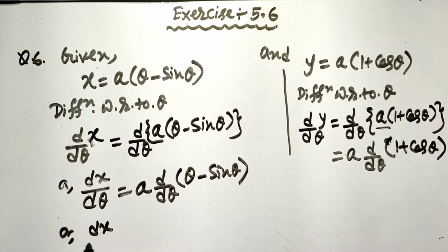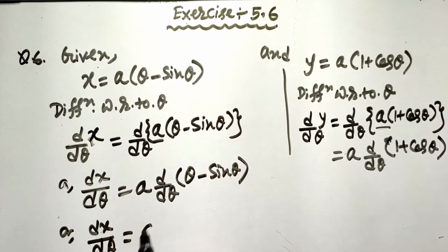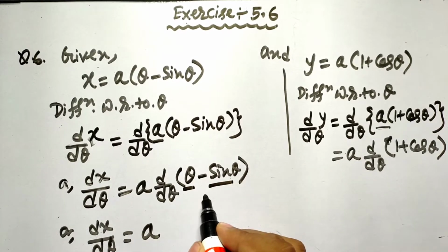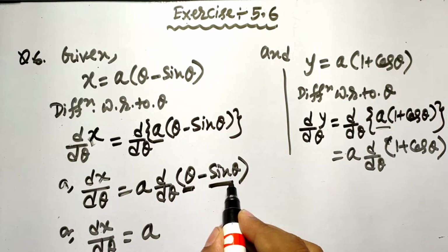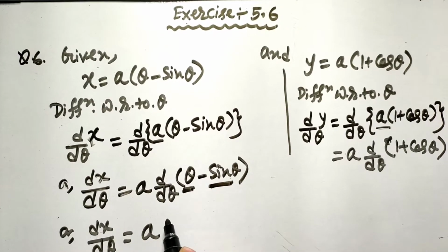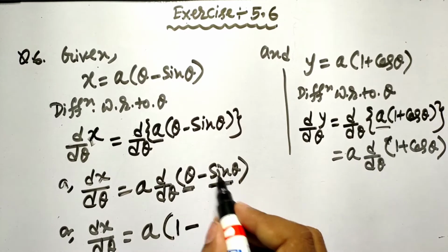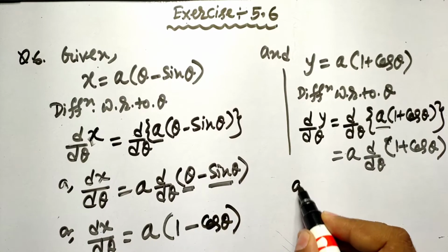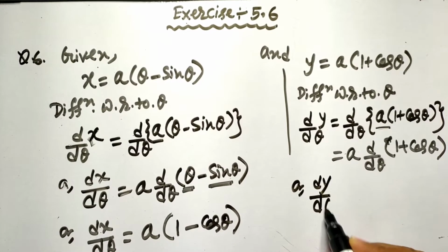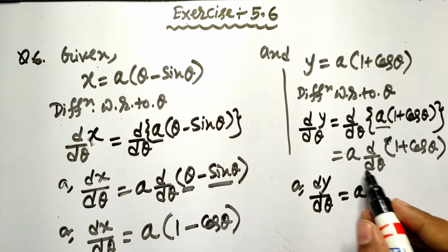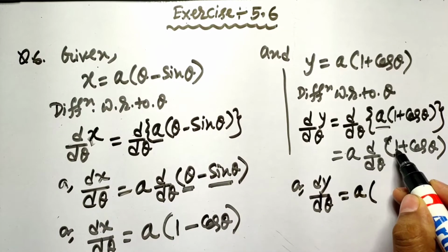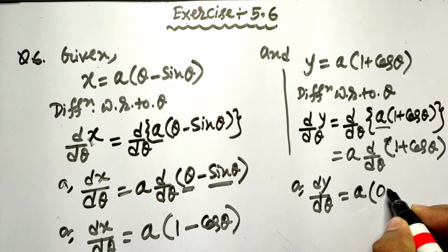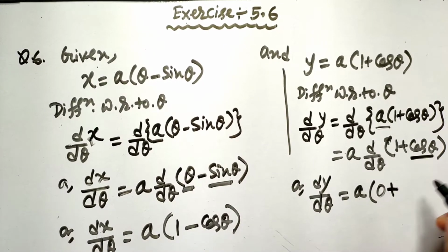So dx/d theta equal to a times the derivative of this minus the derivative of this. The derivative of theta with respect to theta is 1, minus the derivative of sin theta with respect to theta, that is cos theta. Here dy/d theta equal to a into the derivative of 1, which is a constant, so its derivative is 0, plus the derivative of cos theta, which is minus sin theta.